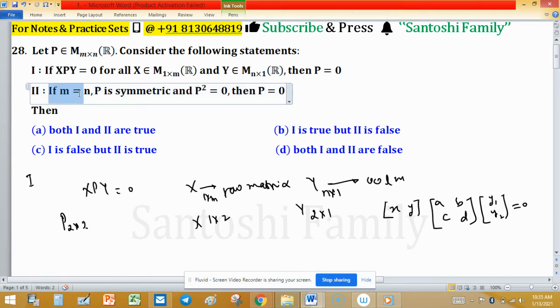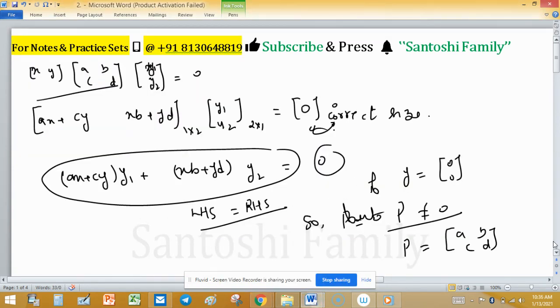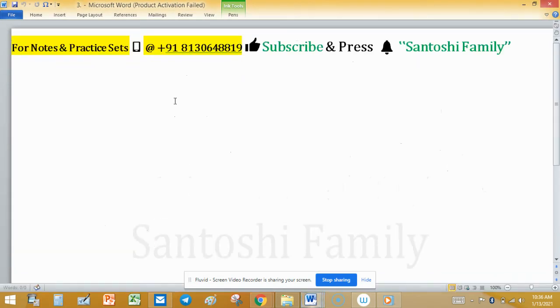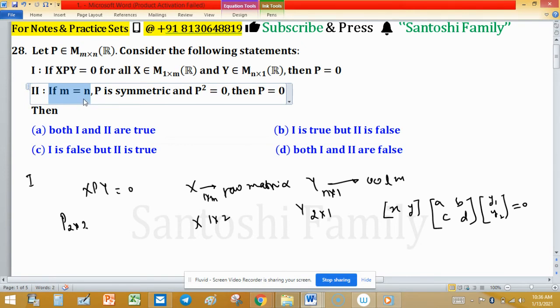For statement 2: if M equal to N, P is symmetric and P square is equal to 0, then P is 0. What is given to us? P is symmetric and P square is equal to 0.